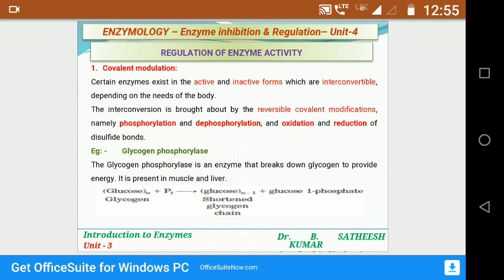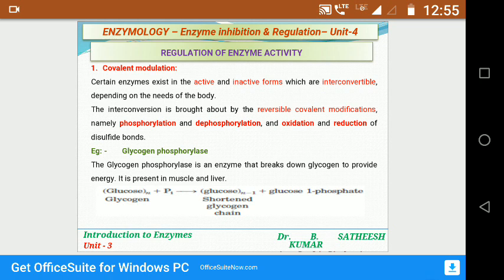Glycogen phosphorylase is an enzyme which breaks glycogen into constituent glucose molecules, glucose 6 phosphate, glucose 1 phosphate molecules. So whenever the organism or individual requires cellular energy, or whenever the blood glucose levels decrease, what happens?